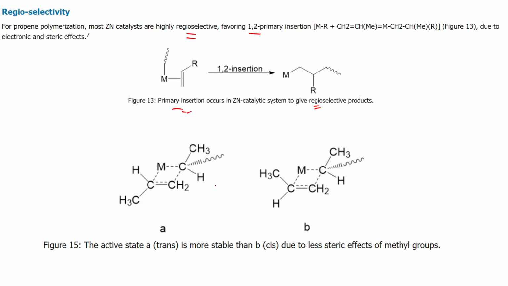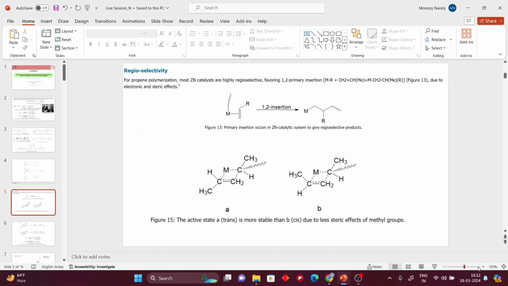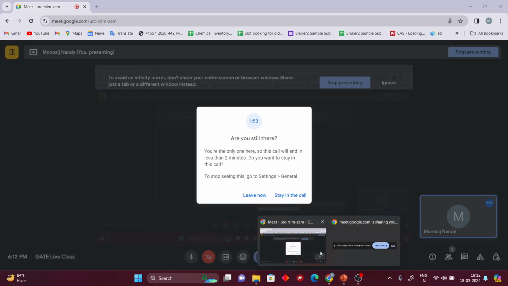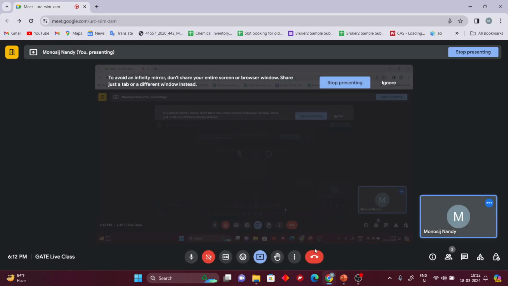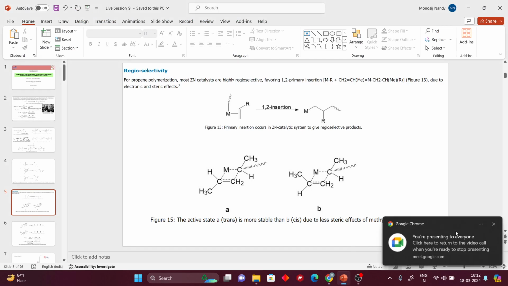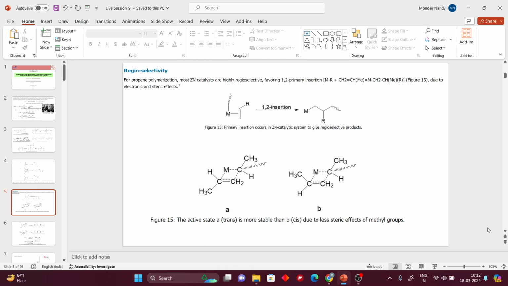So with this, actually, we can explain syndiotactic, or isotactic. So that's the way we can express formation of these two variants actually.